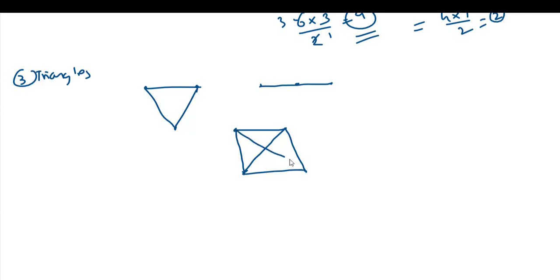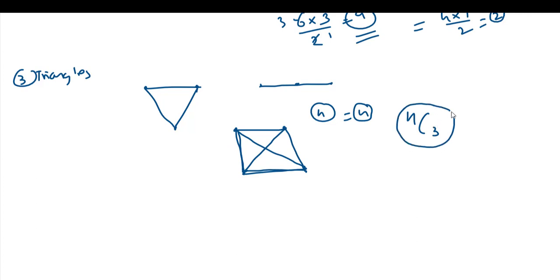By considering these 3 points, we can form one more triangle, and by considering this point and this point, we'll form our fourth triangle. So the total number of triangles that can be formed by using 4 non-collinear points will be equal to 4. Again, in this case, what we are basically doing is, out of these 4 points, we are forming a group of 3 points. That means out of these 4 points, we are selecting 3 points.